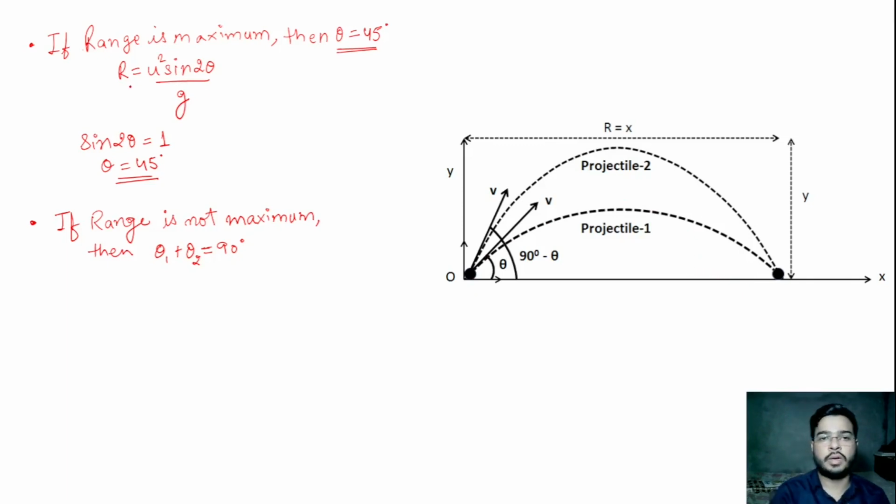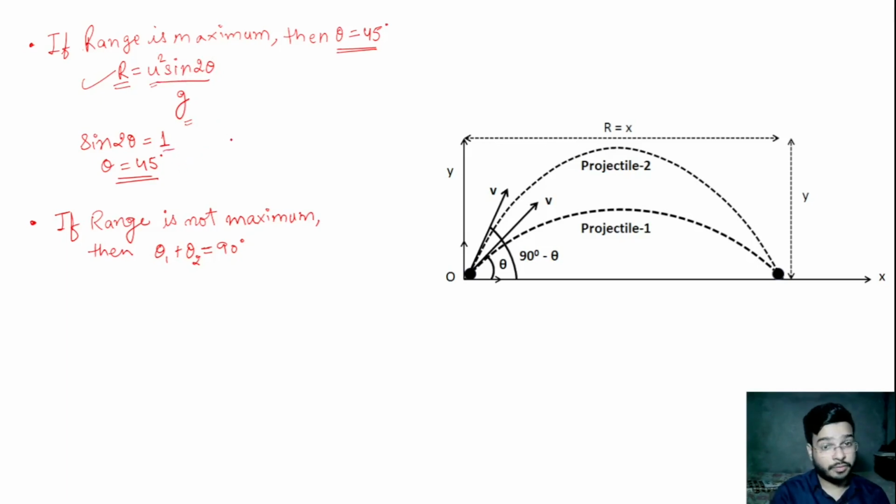So we all know that the range is calculated by u square sin 2 theta divided by g. So if we want to make the range maximum, we could make u maximum and g maximum. But g is constant, u is also constant, but theta can be variable. So the range will be maximum if sin 2 theta is maximum, meaning 1.